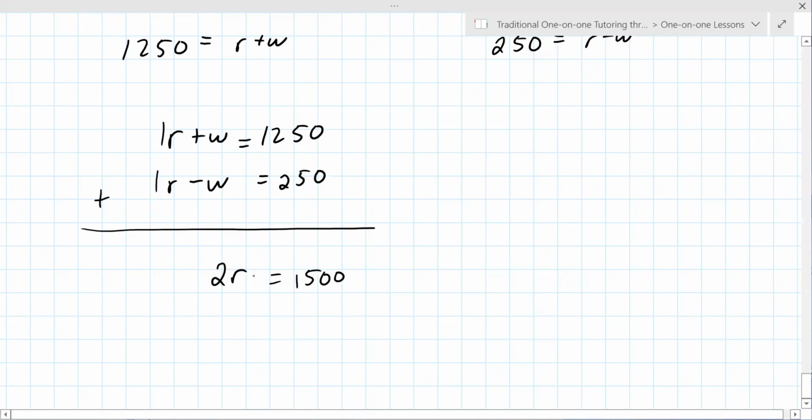So it's 2R and divide both sides. So 750. Yes.